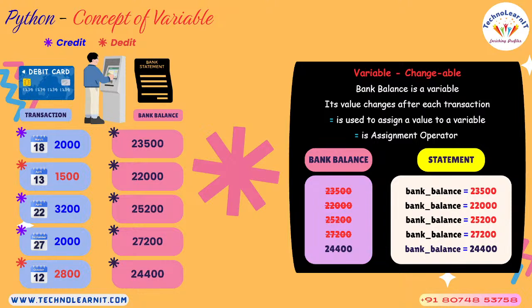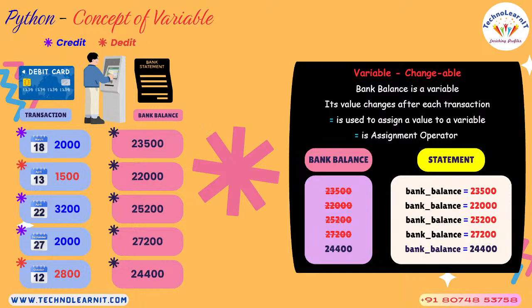So equal to is called the assignment operator, and this assignment operator is used to assign a value to a variable, right? So bank balance is a variable name here, and if you want to store 23,500 in it, the statement to be used is bank balance equal to 23,500.